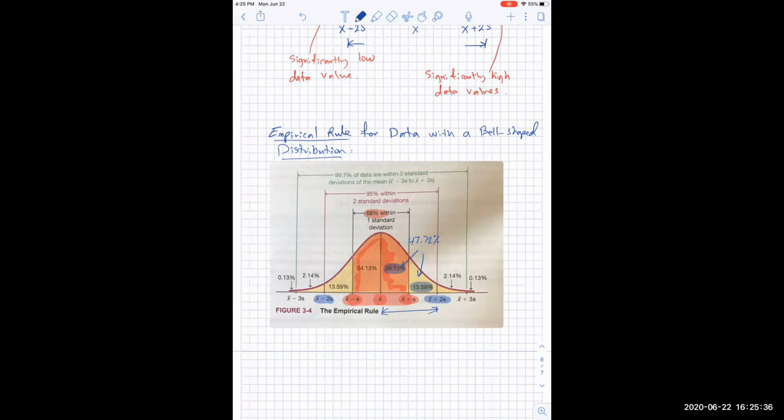And then also on the other side, this value plus this, also 47%.